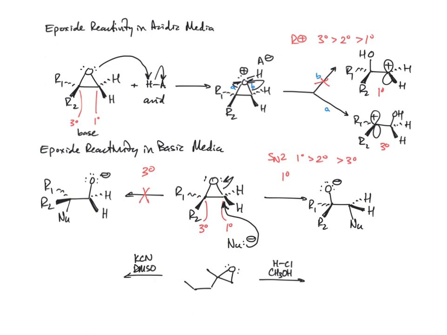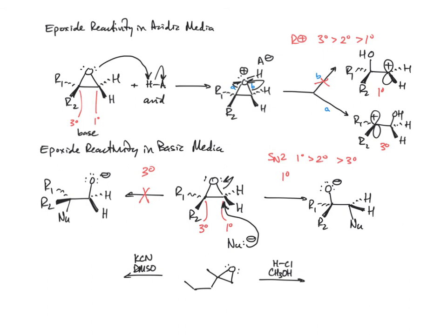So a big part of organic 2 is obviously when you're given a starting material or a reactant, identify the major functional group. So it's an epoxide, there's 1 degree of unsaturation. Diagnose the reaction conditions. That's something you need to be good at doing. We have an acid, HCl, in methanol, a polar protic solvent. So acidic medium.